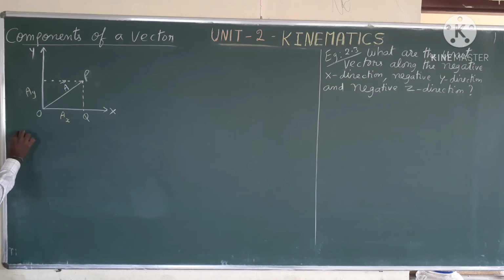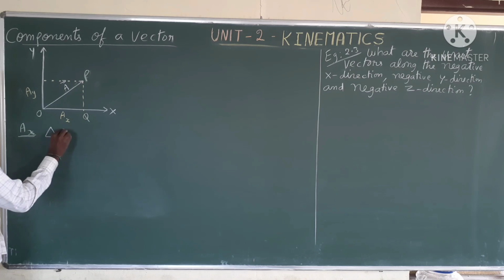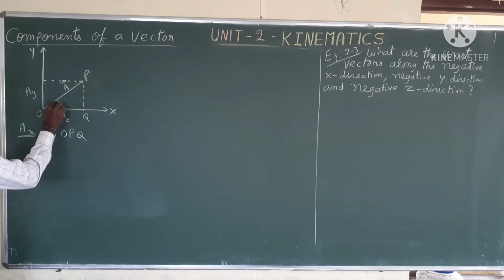Now we will calculate Ax value, the horizontal component. Now in triangle OPQ, according to Pythagoras theorem, this angle is theta. These are opposite, adjacent, hypotenuse.